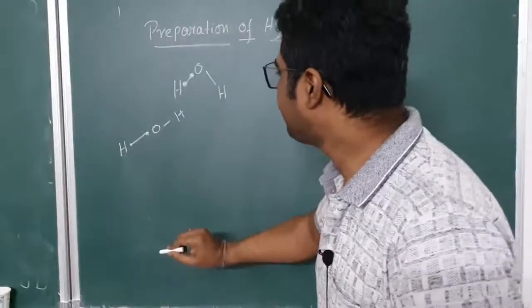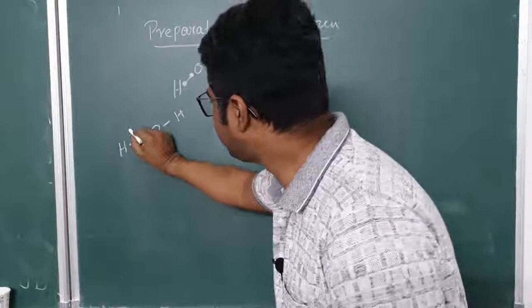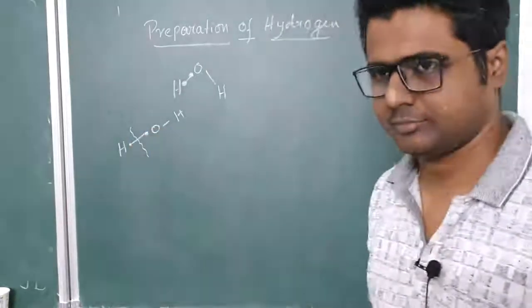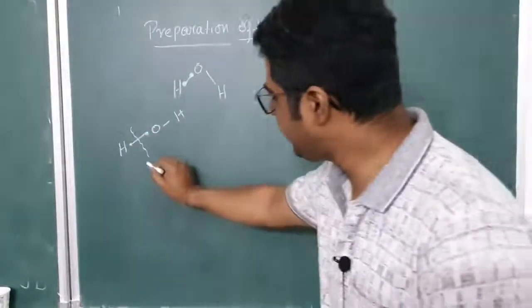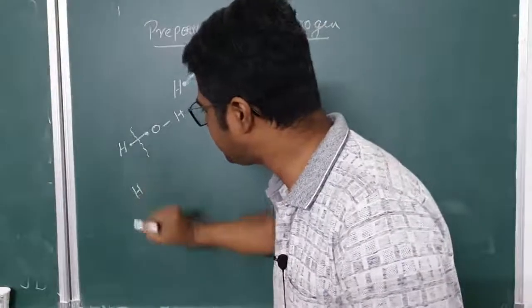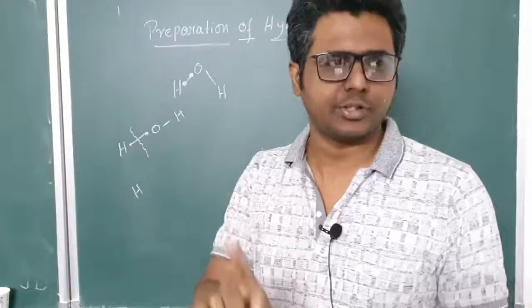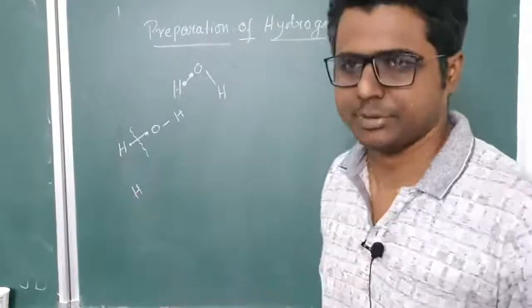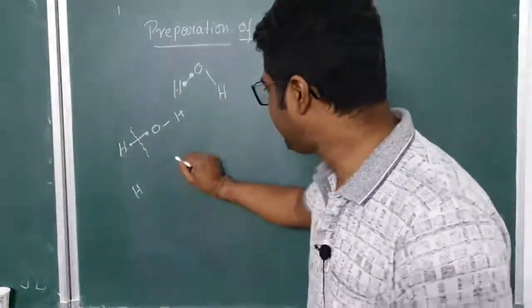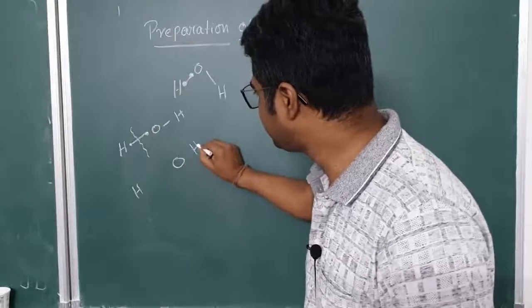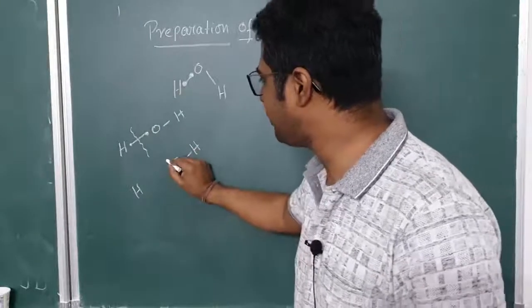Now, if I break this bond in between, hydrogen will retain its one electron. So hydrogen with electronic configuration of only one electron stays as the hydrogen in the periodic table, correct? And this OH remains as OH.